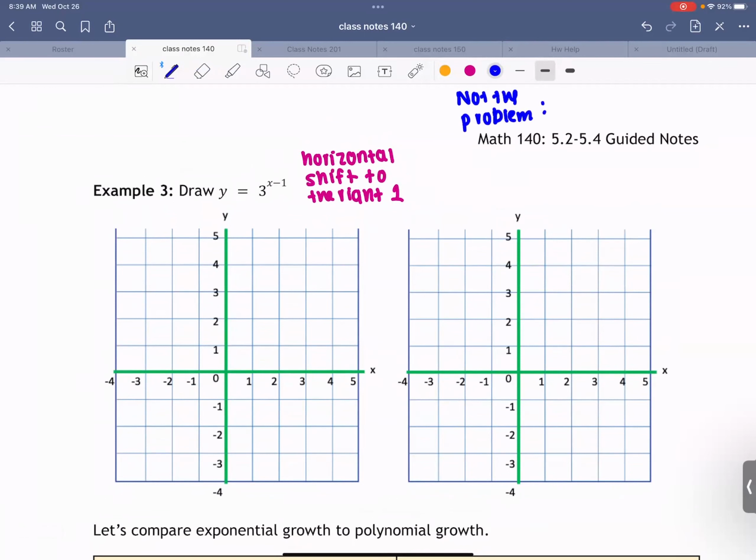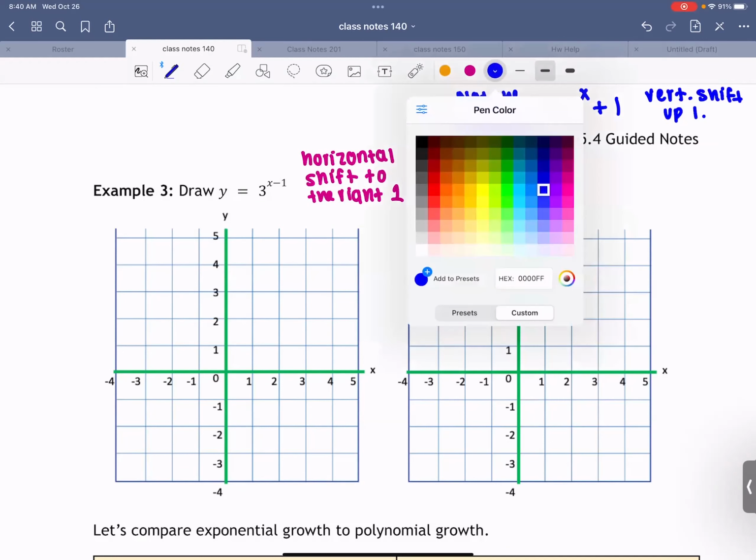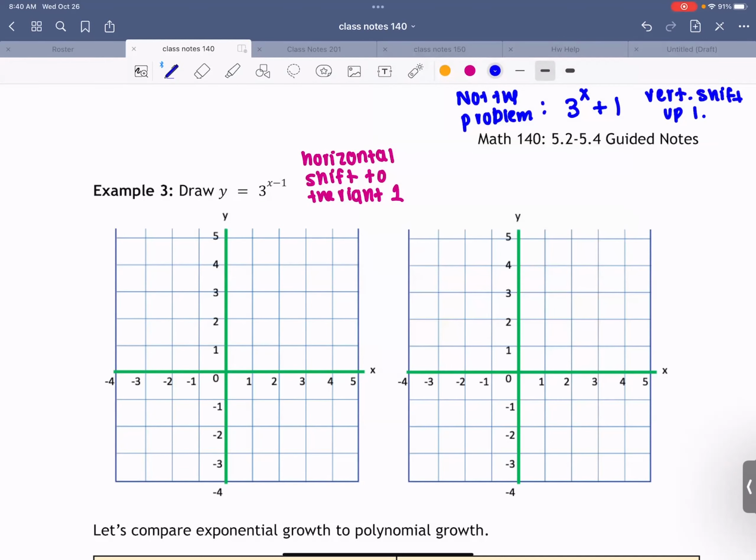If this was y equals 3 to the x plus 1, this would be a vertical shift, because the 1 is being added to the entire function. So this is an example of a vertical shift up 1. Okay, so that's the difference between a vertical and a horizontal shift here. So we are horizontally shifting a graph.